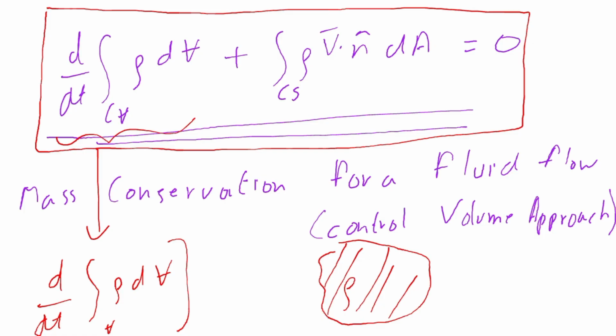To make life easier, if the density was constant, this integral just becomes rho times volume. What is density times volume? Density times volume is nothing but mass.